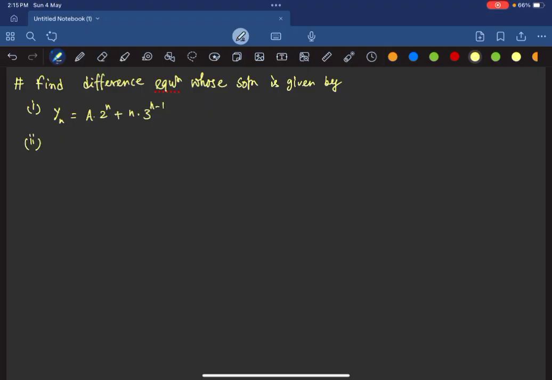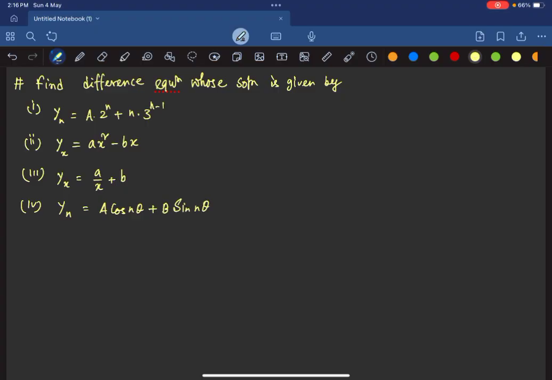Second question, y(x) equals a x square minus b x. Third question, y(x) equals a by x plus b. Fourth question, y(n) equals a cos n theta plus b sin n theta.